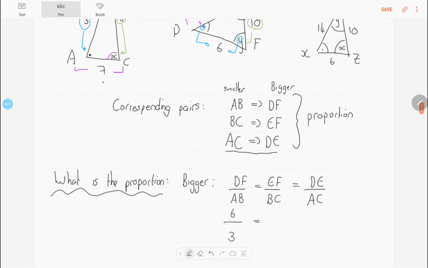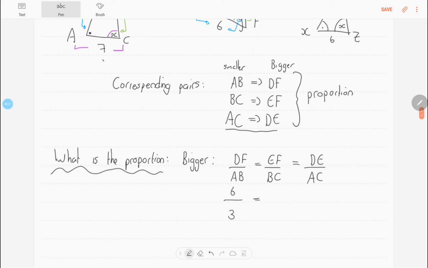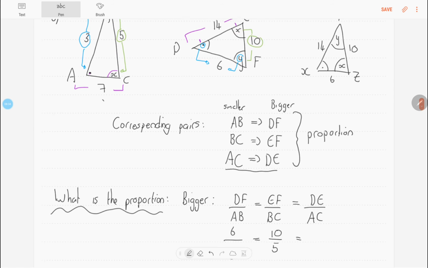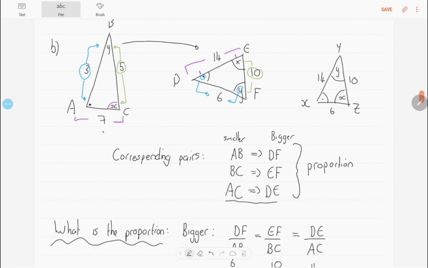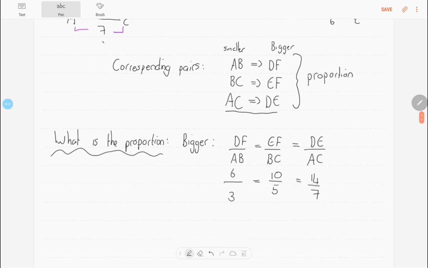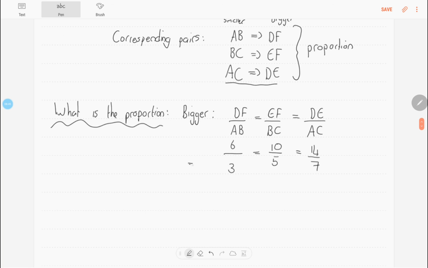Okay, and then EF is equal to 10, and BC is equal to 5, and then we have 6 over 3. DE is 14 over 7. Okay, there we go. So it gets a bit tricky, as you can see. Just make sure that you're doing everything in the right place. Okay, don't be like me.